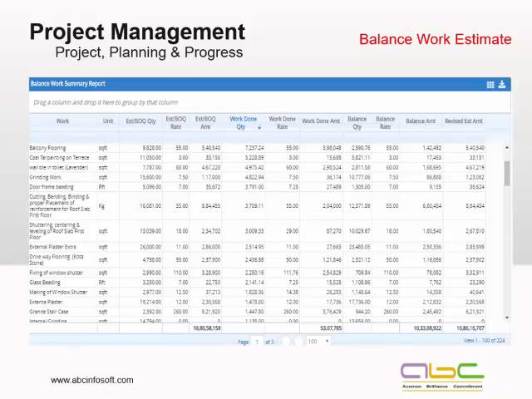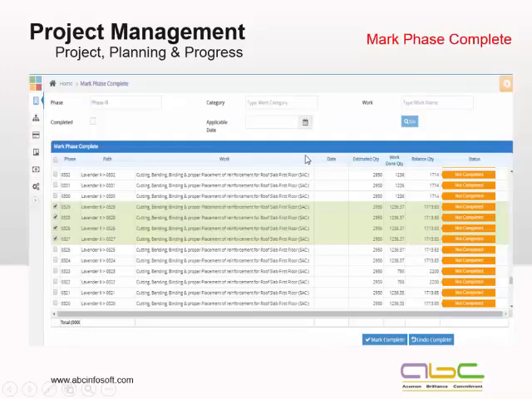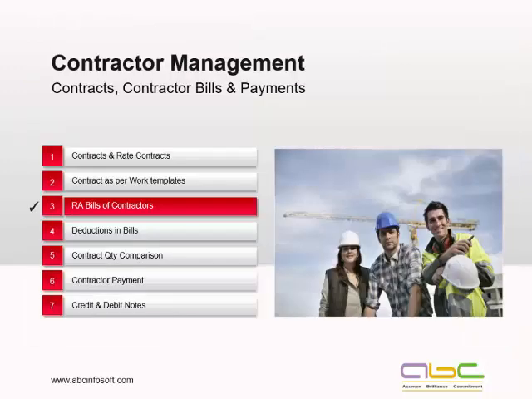So whenever there is any variation in the rate of material or labor as per the last purchase rate, the system will give you a revised estimate. As per the current date, what is the revised estimate for the entire project or for this particular selection. Even if you want, you can mark some phases complete in between as well if the remaining work is too less. Okay, now I come to the contractor management part, which is my second module.